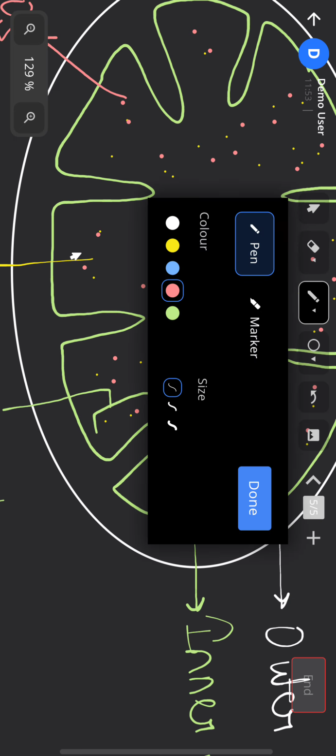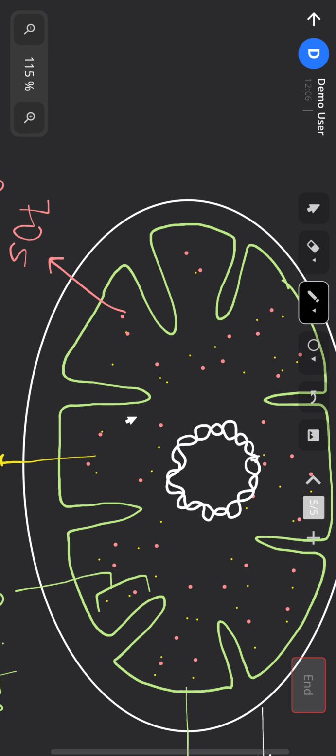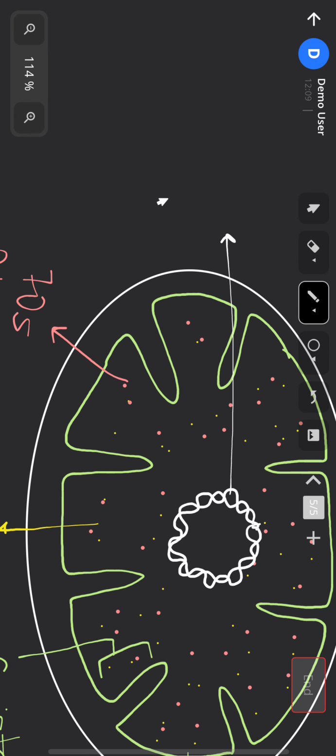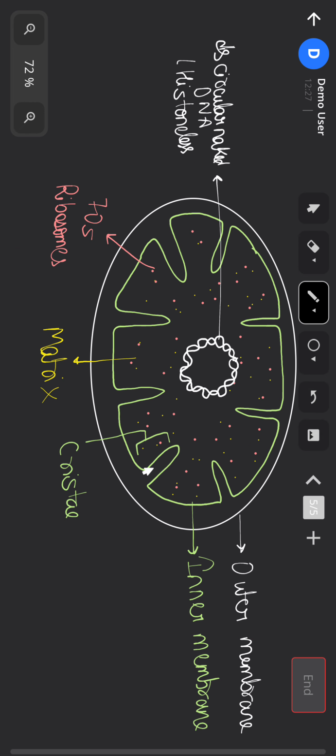And it also has its own genome, which is double stranded, circular, naked and histoneless, which is also a feature of bacteria. That is why we say that the mitochondria is semi-autonomous, because it has its own genome.